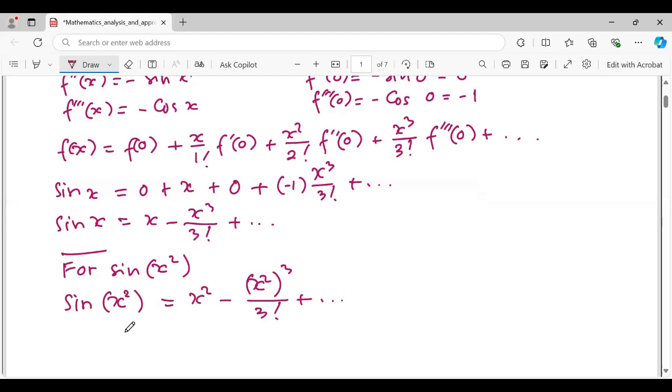And then sine x squared equals x squared minus x to the power 6 over 3 factorial plus so on.